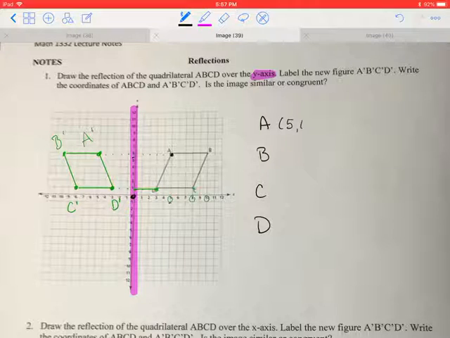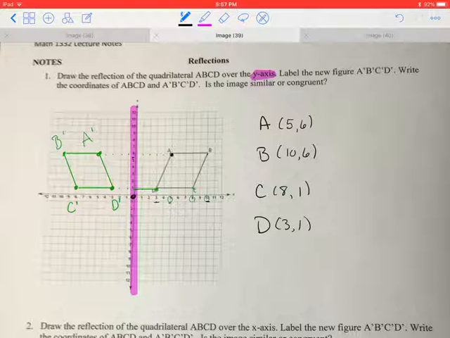So that gives me the ordered pair (5, 6). To get to B, I have to go right 10 and up 6. So that's going to be the point (10, 6). C, I go right 8 and up 1. And for D, I go right 3 and up 1.